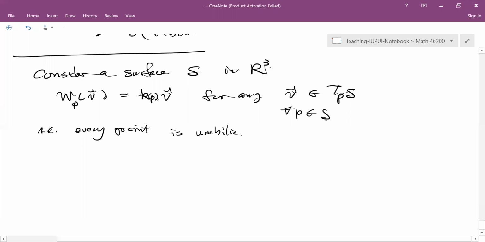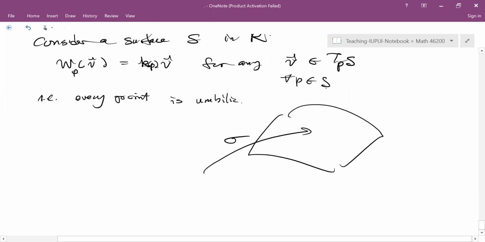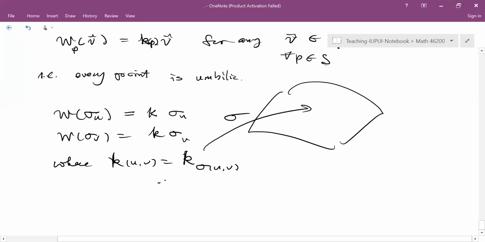Okay, we studied this concept. So what we're going to do is, I don't know how it looks like, right? This is an arbitrary parameterization. It's called a surface patch. Because we have this property, sigma u is going to be k times something, a function of u and v, where k is a function of uv, because it's a value.